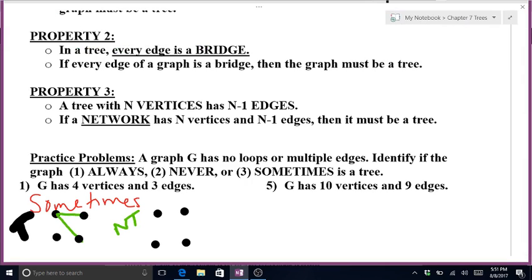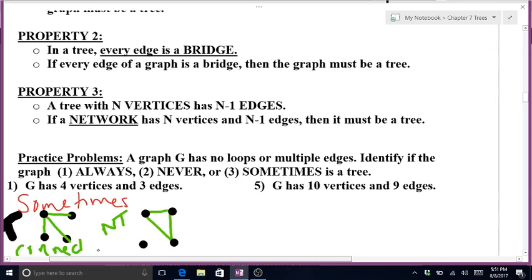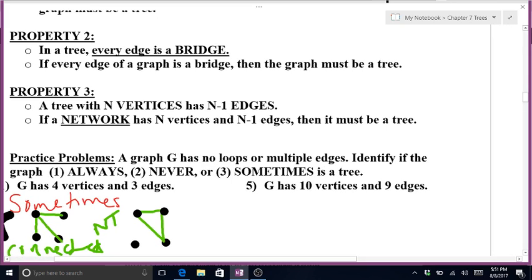One, 2, 3. That one represents a tree. 4 vertices, 3 edges. That one's not a tree because this is connected and this is not connected.